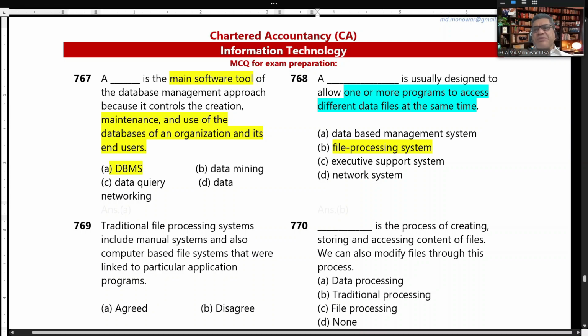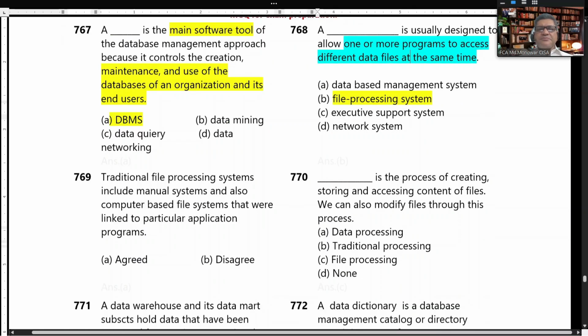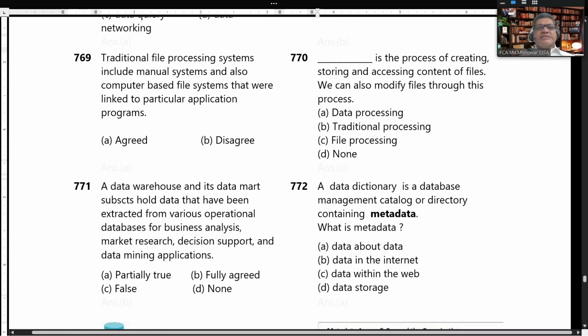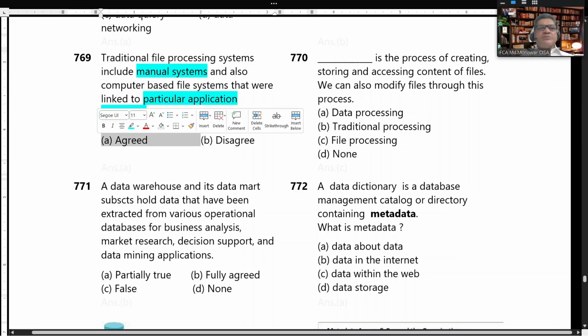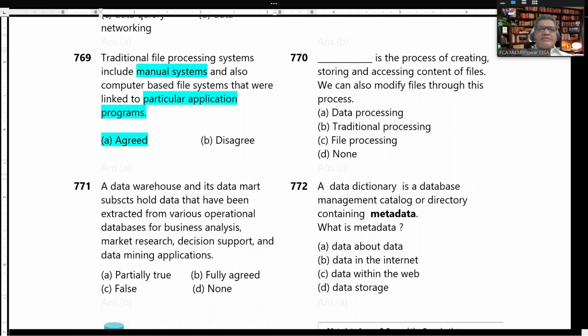Here answer is B. Traditional file processing system include manual system and also computer-based file system that were linked with the particular application program. It is agreed, 100% true.